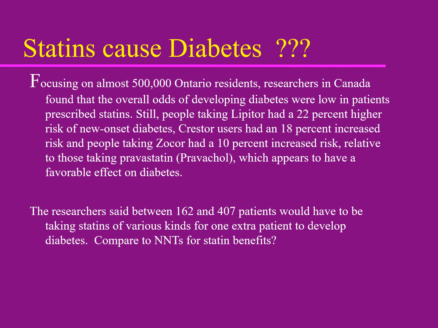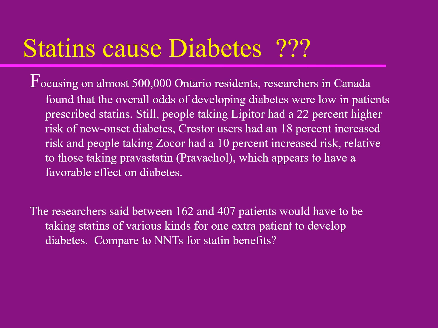So basically, the researchers summarized and said, for every 162 to 407 patients that you treat for 10 years or so, you might have one extra patient develop diabetes. And in that case, the diabetes is probably going to be pretty easy to control with medication.